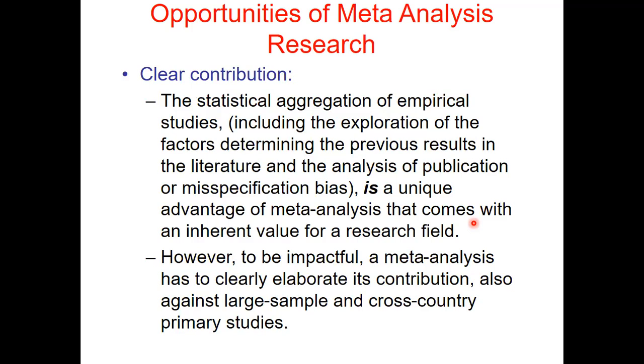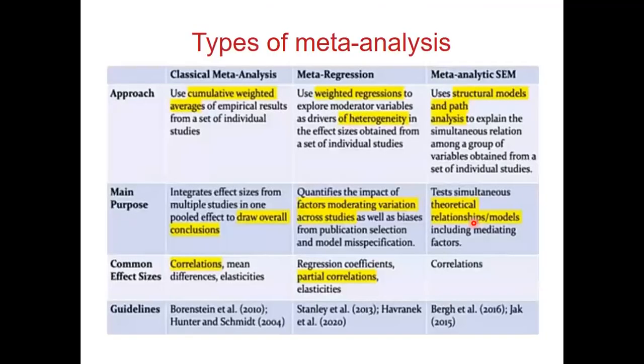This will give a unique advantage to those who are studying or analyzing studies through meta-analysis, okay? Now, there are types of meta-analysis. There's what we call classical meta-analysis, which, of course, uses cumulative weighted averages of empirical results, which we shall see.